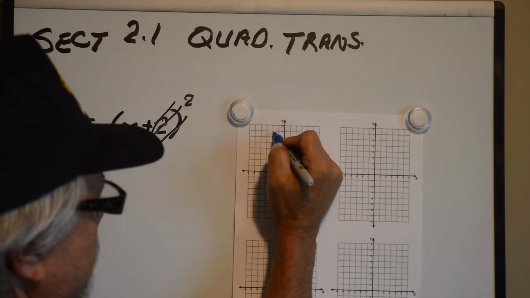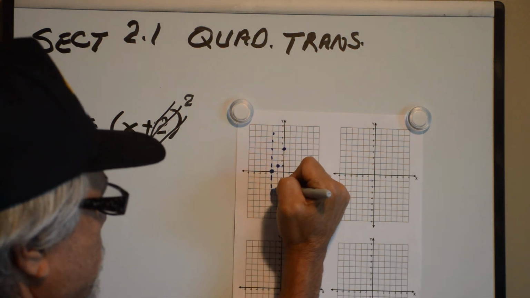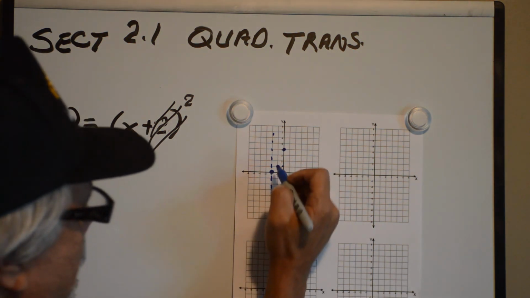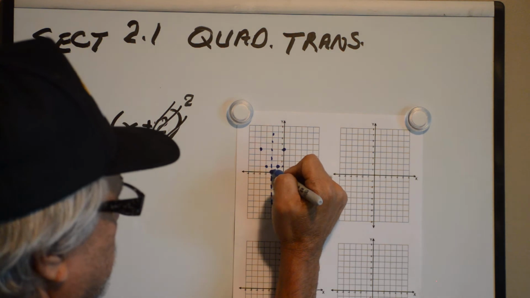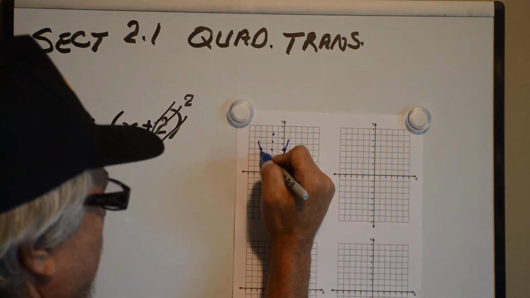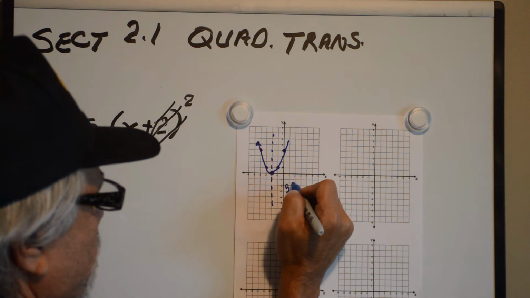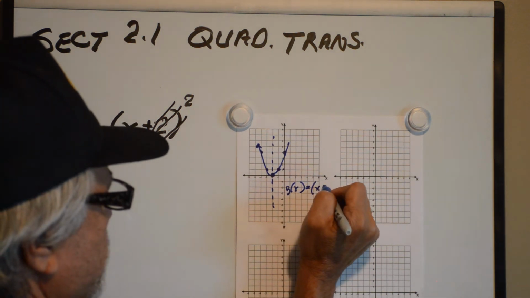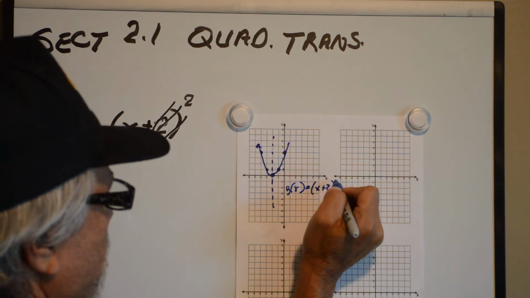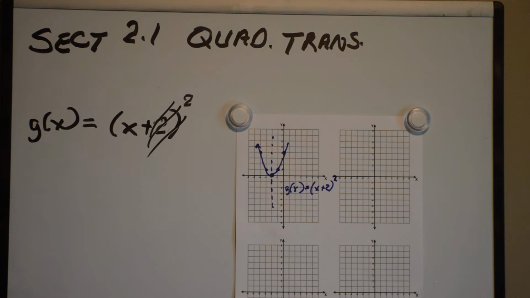And then remember, this is going to be my axis of symmetry, the line that cuts right through the vertex. And then you have the sister points on the other side. And that is my function, g of x equals x plus 2 quantity squared. Easy enough.